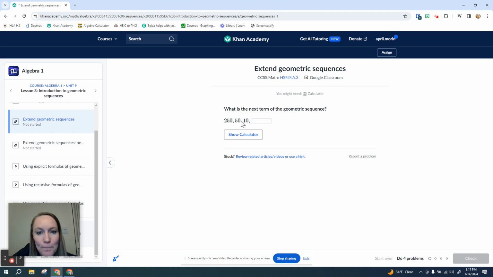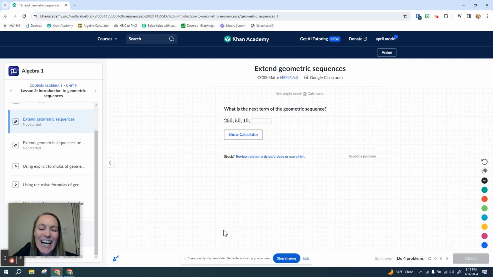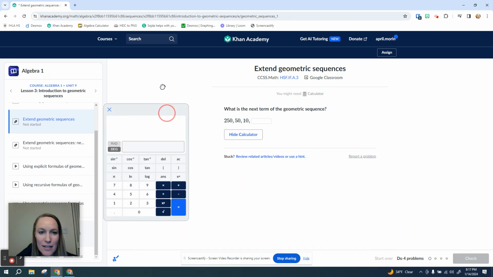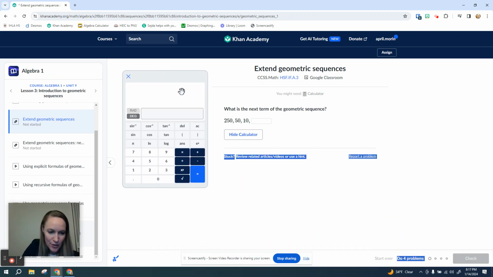Easy peasy, right? Okay, so what is the pattern? So I'm going to divide, right? Because the numbers are going down. What is 250 divided by 50? Okay, let's use the calculator, so why not?